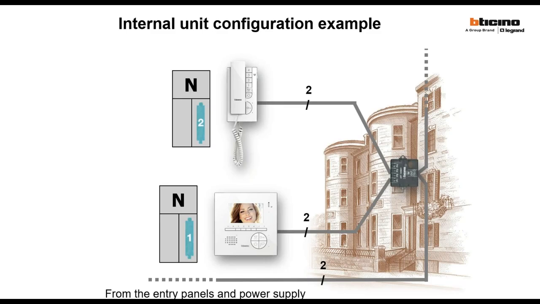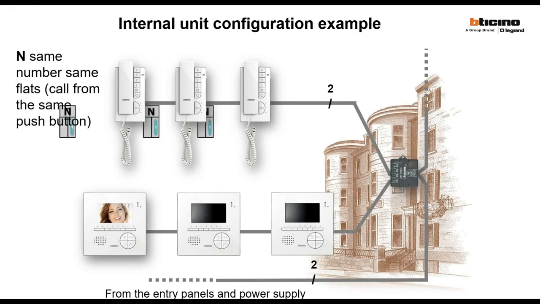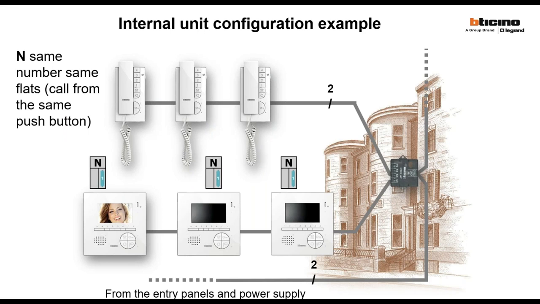An example of 2 apartments, number 1 and number 2. Or an example of 2 apartments with multiple internal units. All the internal units inside the apartment have the same address because the address matches the push button. So the first push button will call together the apartment number 1.